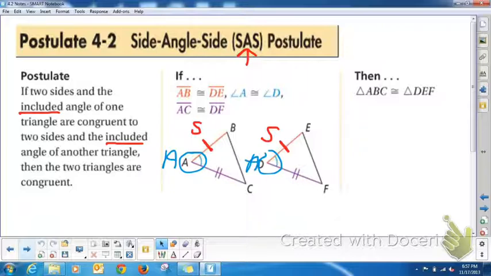And then finally, segment AC is congruent to segment DF. That's another side. So you see how we have side, angle, side. Then we can prove these two triangles are congruent. Triangle ABC is congruent to triangle DEF using the side, angle, side congruence postulate. Pause the video and take notes.